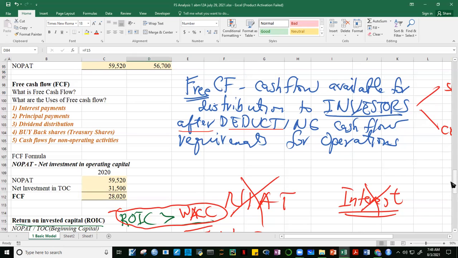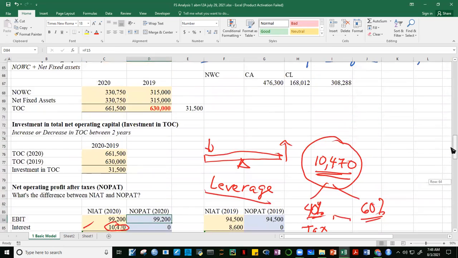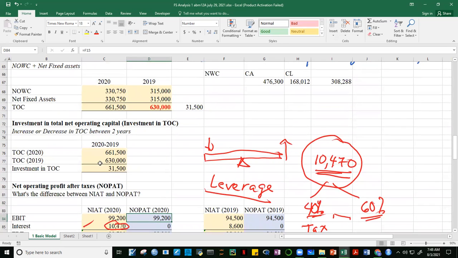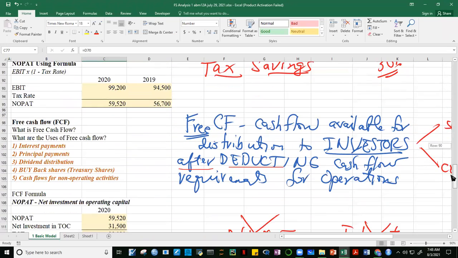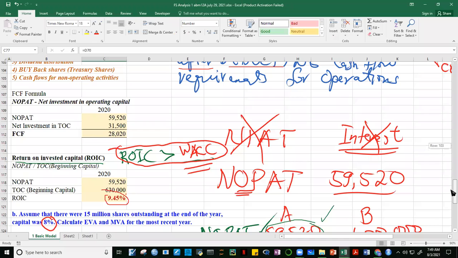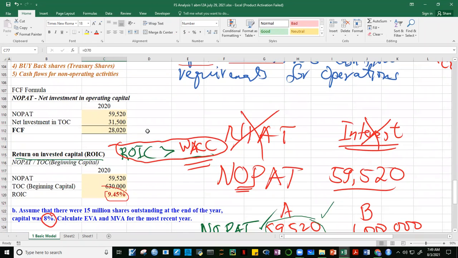It's a difference between the total operating capital at the end of the year and at the beginning of the year. Ito na yung additional investment natin for operations, for operating capital. And so, we can now easily compute for the free cash flow. It's your NOPAT minus the net investment in TOC. So this is free cash flow.